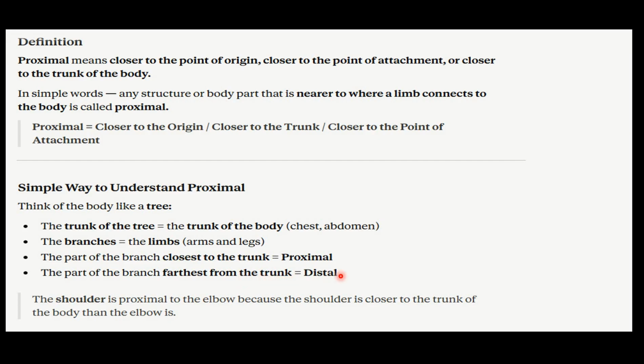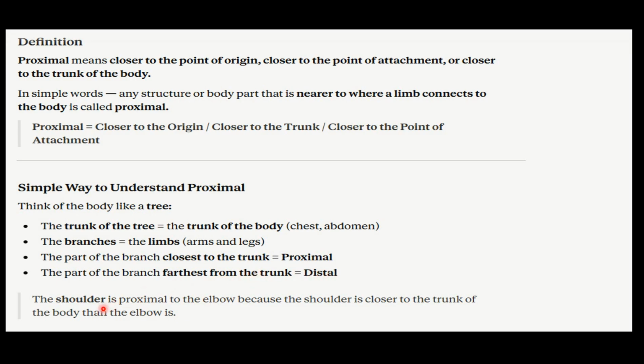So if we compare the human body with a tree, the structure that is closest to the trunk is called proximal, and the part of the branch farther from the trunk is distal.